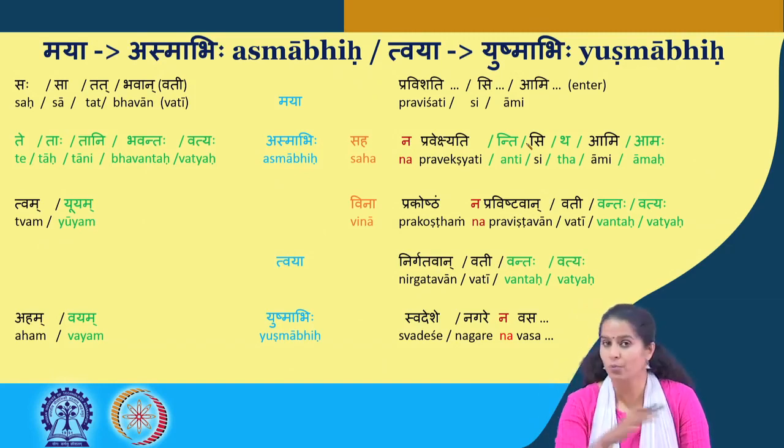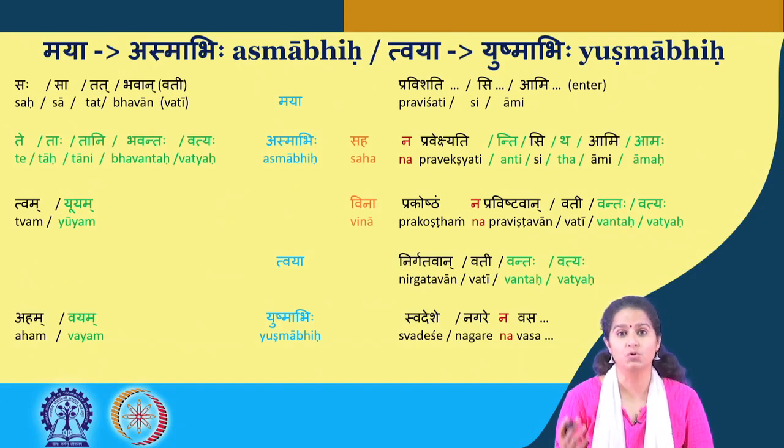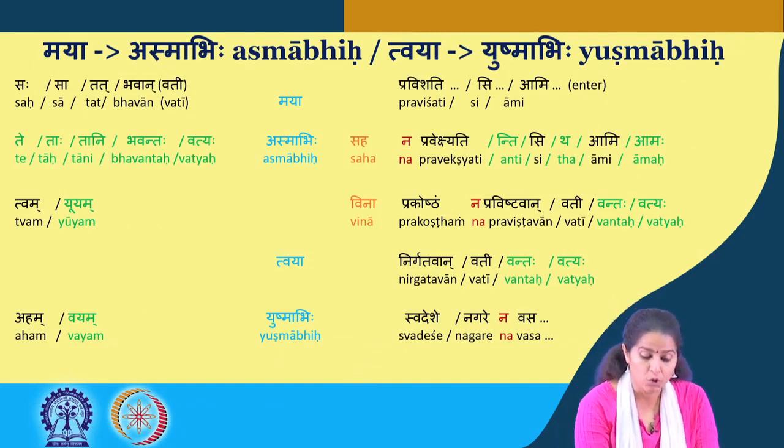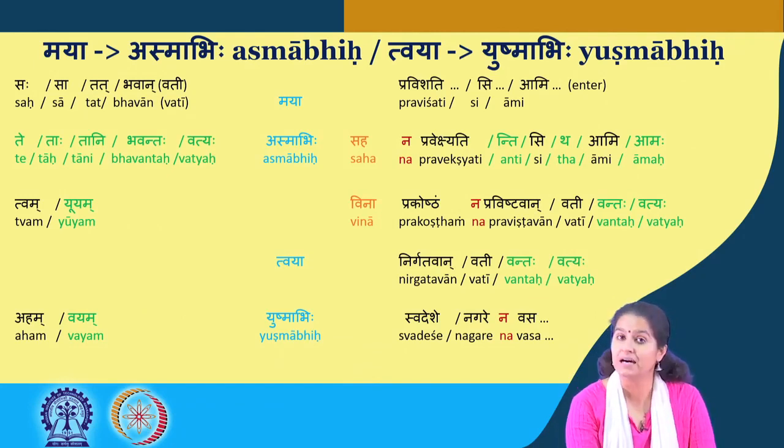Na is an option if you want to negate the sentence. The other way of negating it is using the vina, which means without me. So if you want to say I will not enter with you, you can say aham tvaya saha na pravekshyami, means I will not enter with you.